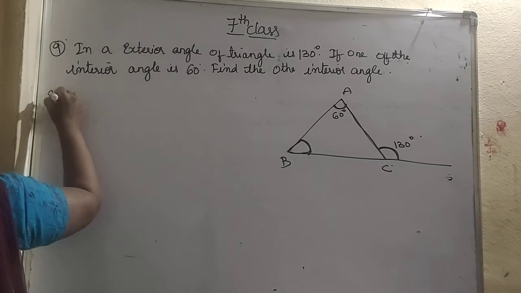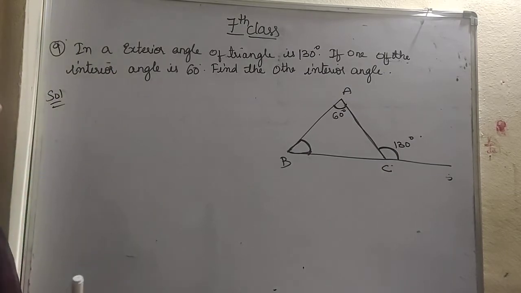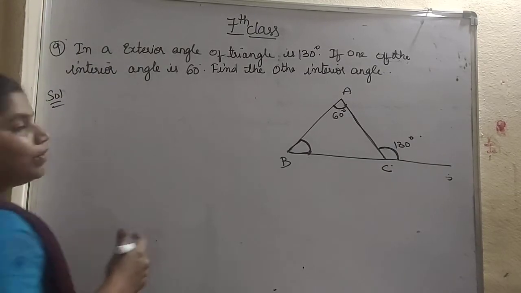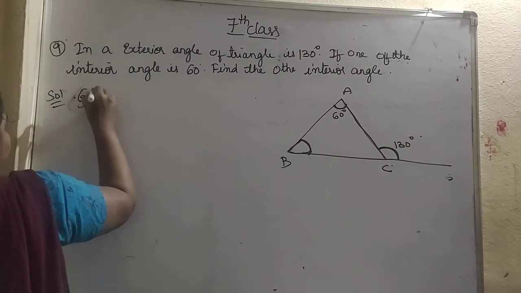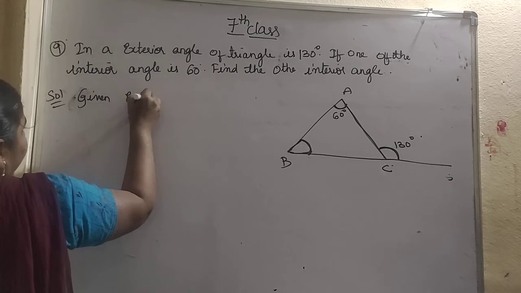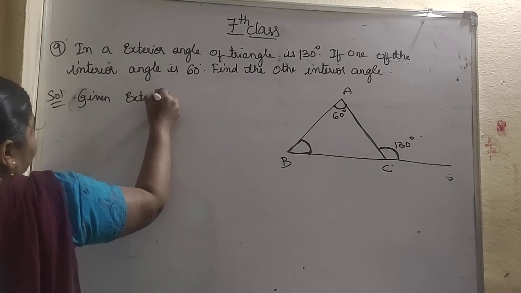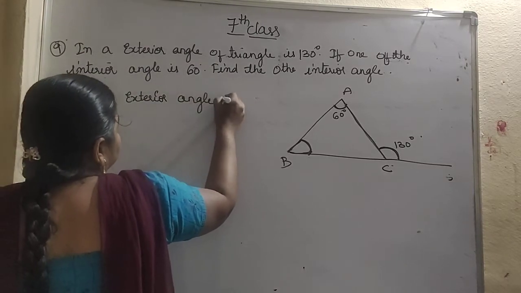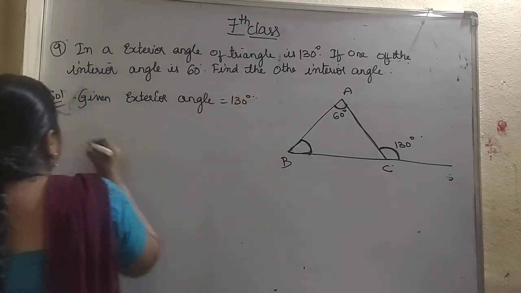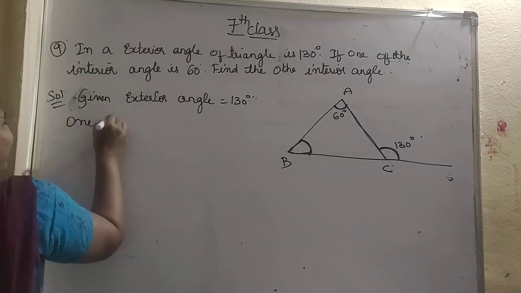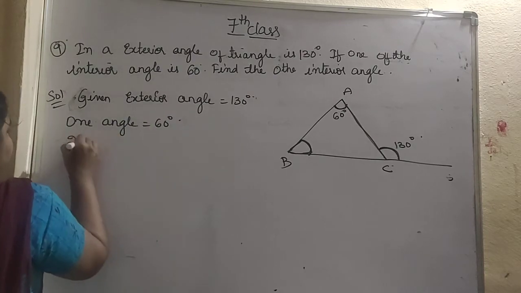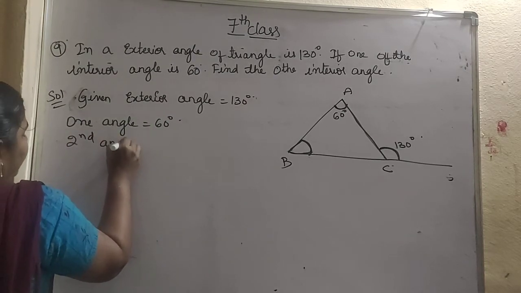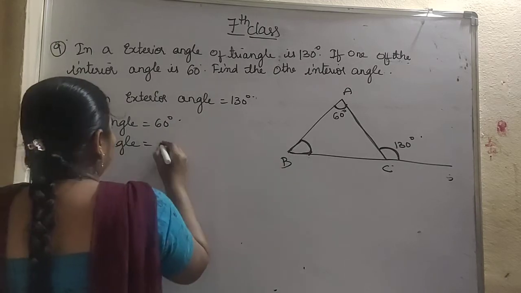So first we will write what they have given in the question. The exterior angle of the triangle is given as 130, one angle is 60 degrees, and the second angle we don't know, so we have to find that.